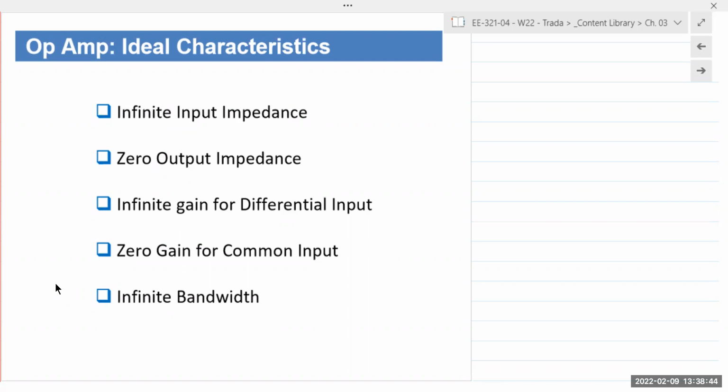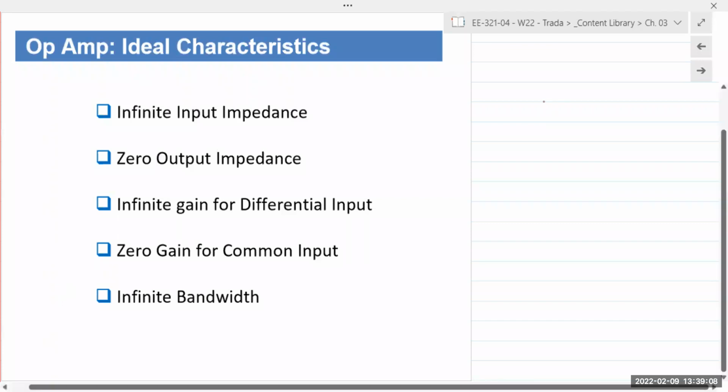At the same time, it has zero output impedance, which is actually what we want in most circuits. We always want infinite input impedance and very low output impedance. In the case of an ideal component, it's infinity and zero.